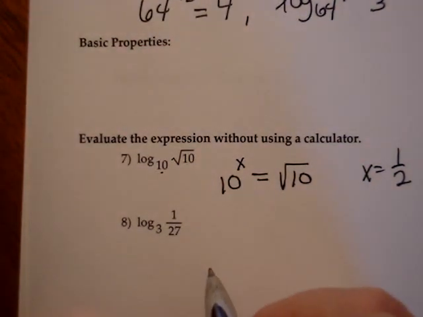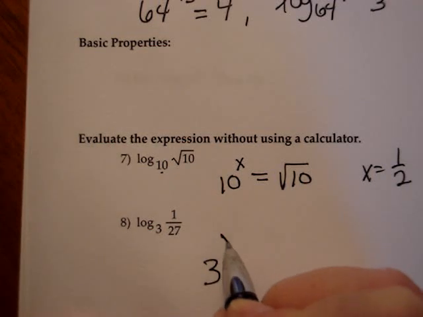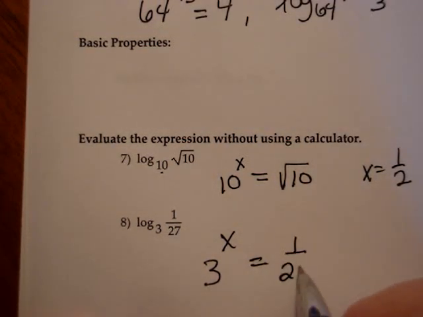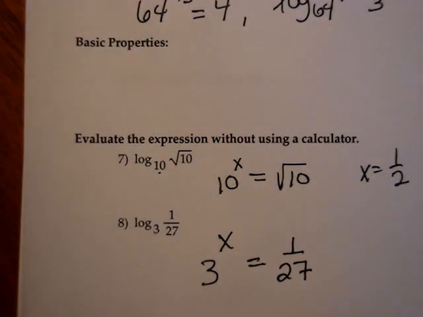If I have a base of 3, what exponent did I put on 3 to get an answer of 1/27? Okay, so first you need to go back and review your exponent rules. You have to feel really comfortable about exponents, because when I look at this, the only way to do this is by inspection.